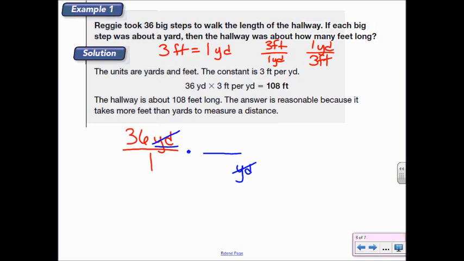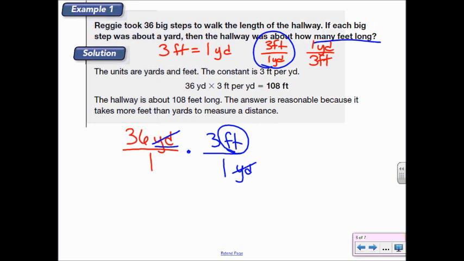So the fraction that has yards in the bottom that we made up here based on our equivalent measures is 3 feet on top, 1 yard on the bottom. So yards cancel out, and I'm left with the unit that has not been canceled out, feet. And I want to know how many feet long it is, so that's a good thing.